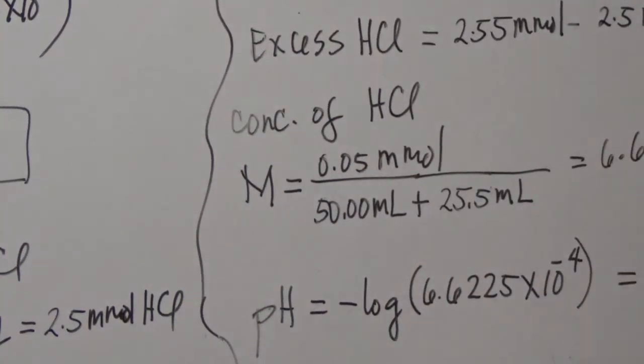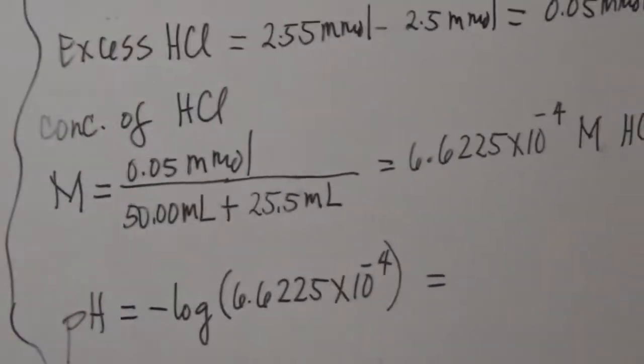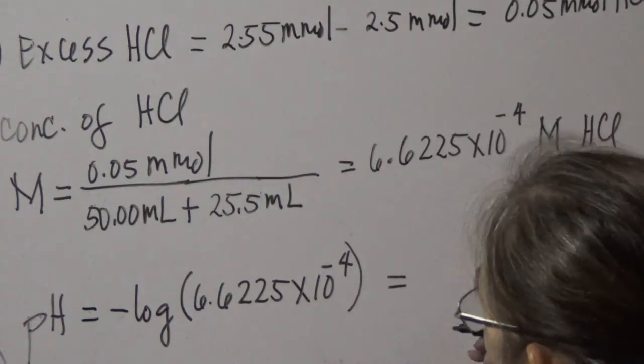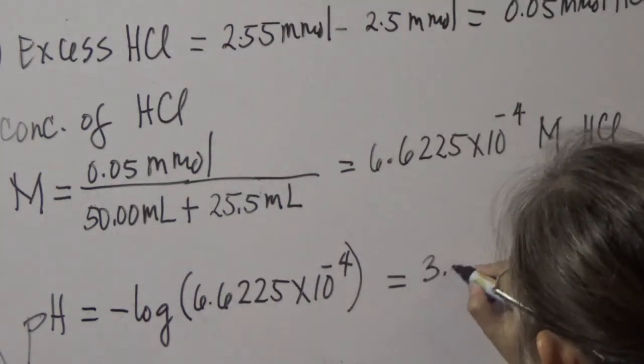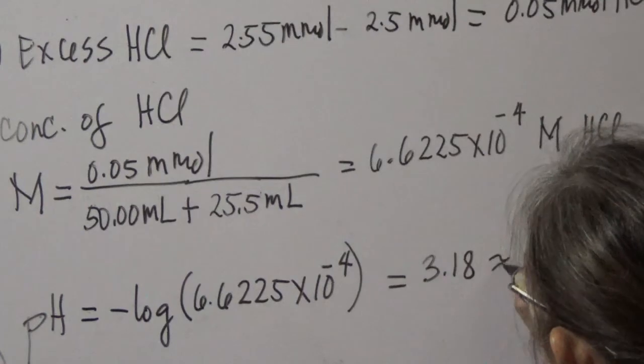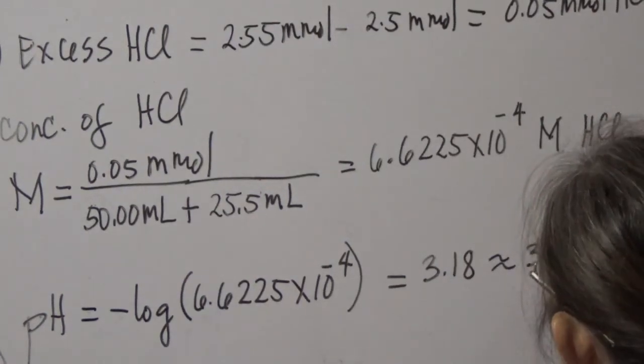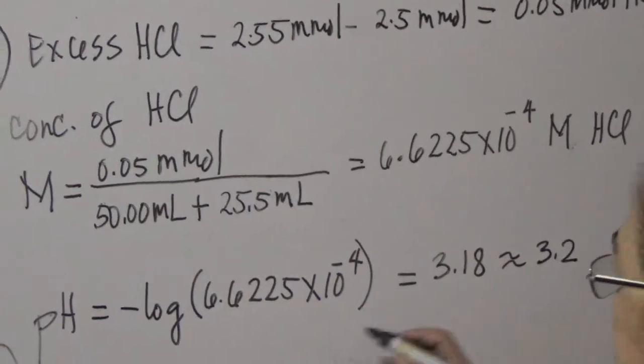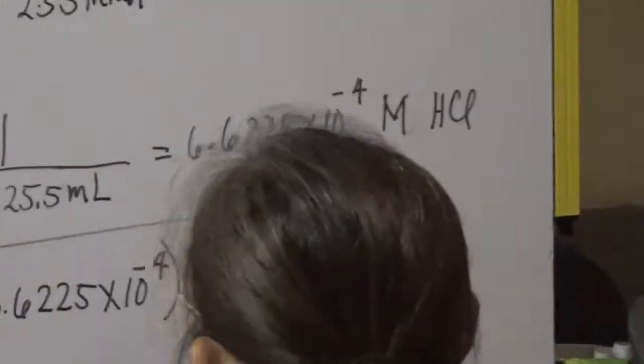So the pH of the solution is 3.18, or approximately 3.2. So we have now the pH of the solution.